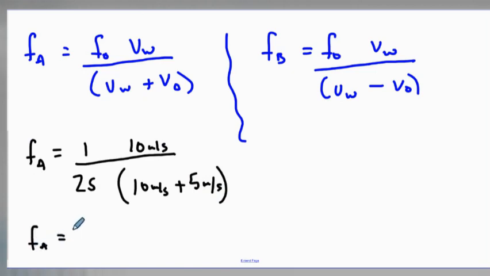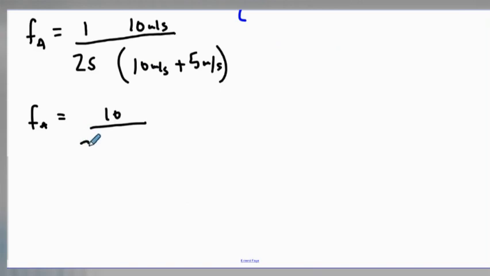So the frequency is going to be 1 times 10, so that's 10, divided by 2, and then this is going to be 15 here. So the frequency person A is going to see, that's 10 over 30. How about 1/3?